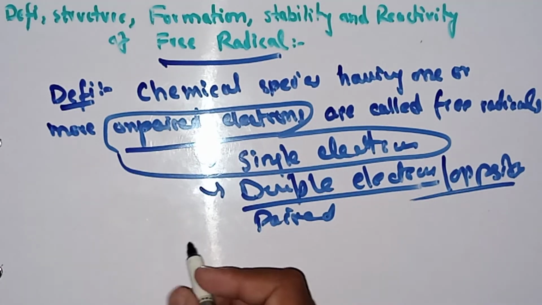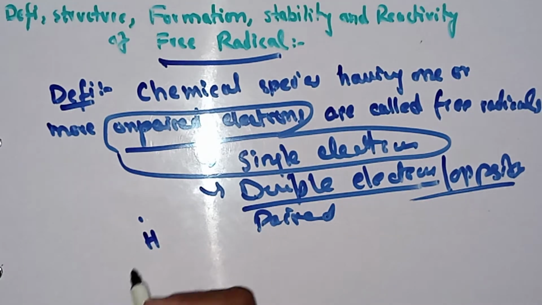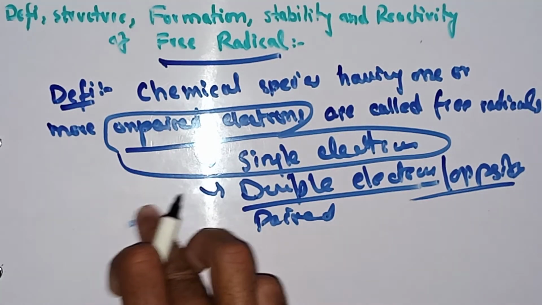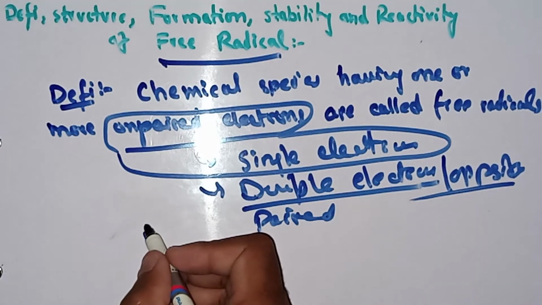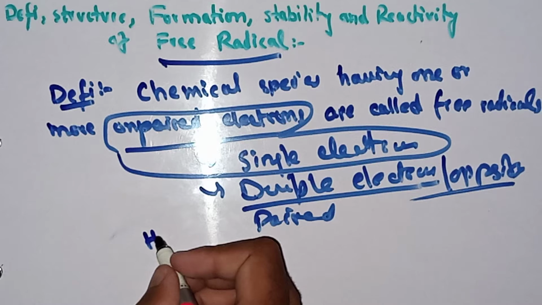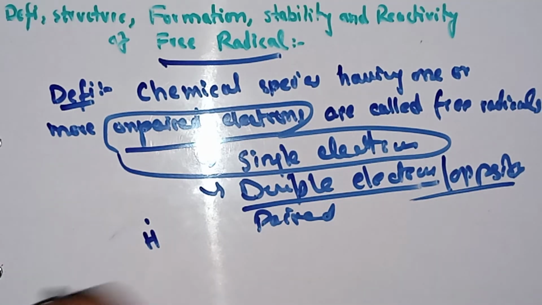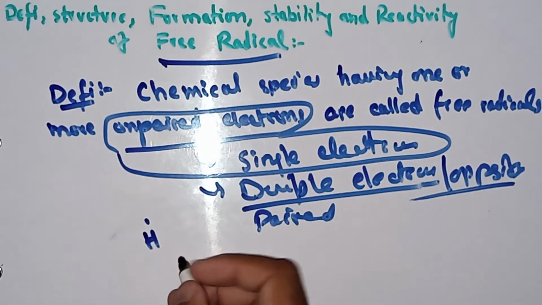For example, let's suppose hydrogen has one electron present, and the free radical is shown by a dot on the upper part of the atom that has the unpaired electron.